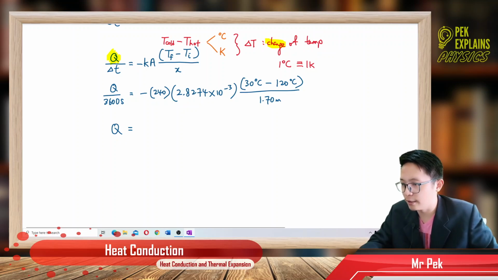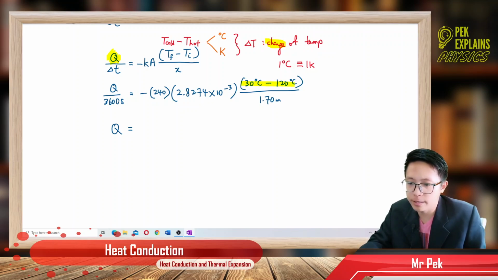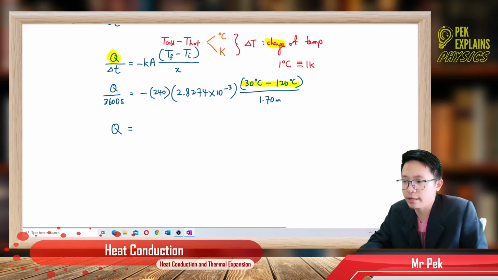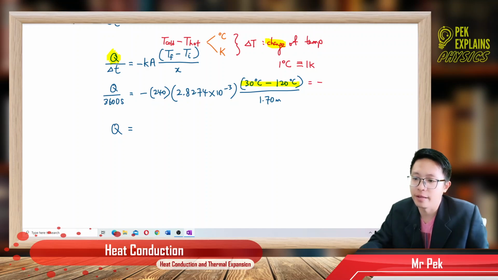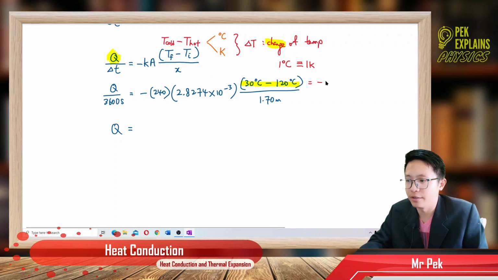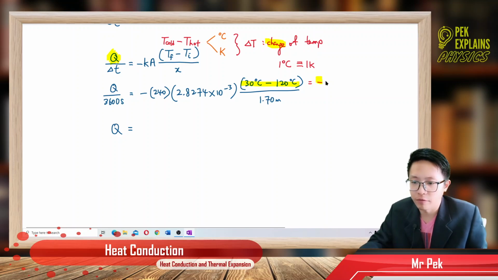What do you see? This one, surely you get a negative value, isn't it? 30, cold, low temperature minus a high temperature, surely you get a negative value.